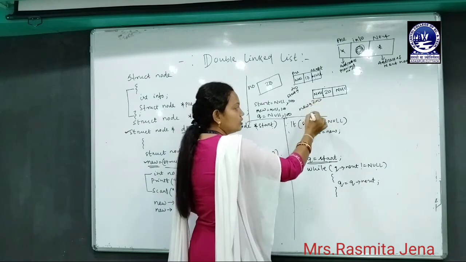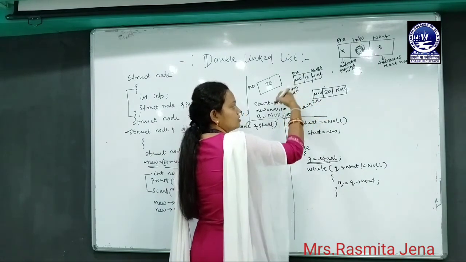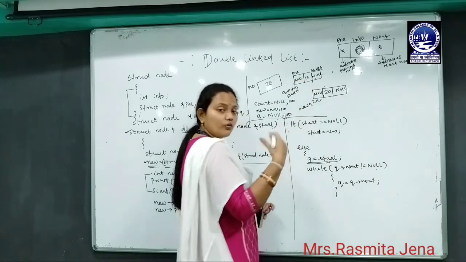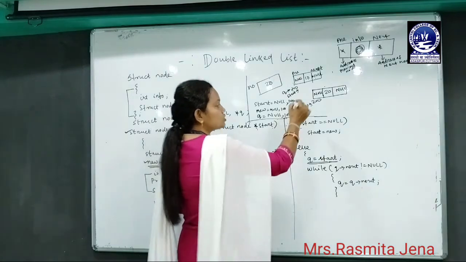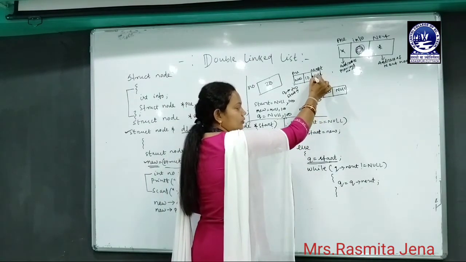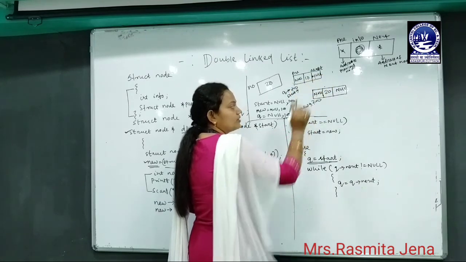This address is held by the pointer variable q also, and now we will link these two. How can we link them? We can store the address of the new node at the next part of q, and the address of the q node at the pre part of new.